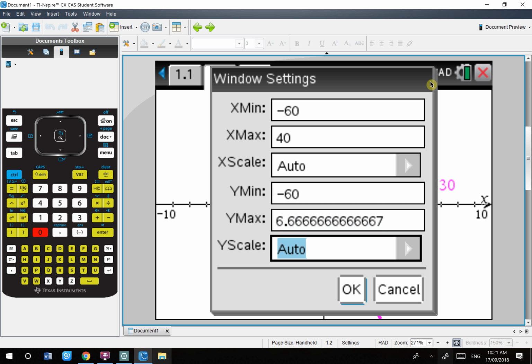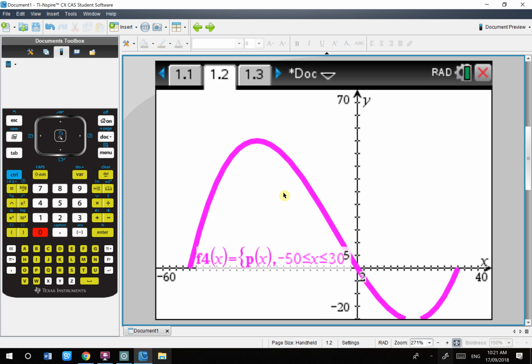How about the top? 20? Yeah, let's make it 20. You don't know, it's a guessing process, okay? What's the maximum? 70, let's make it 70. That's fine, anything is fine. Just press enter. What do you realize? The bottom is not showing.